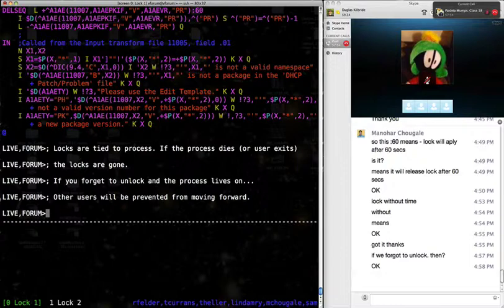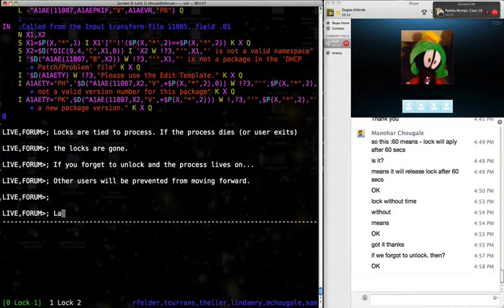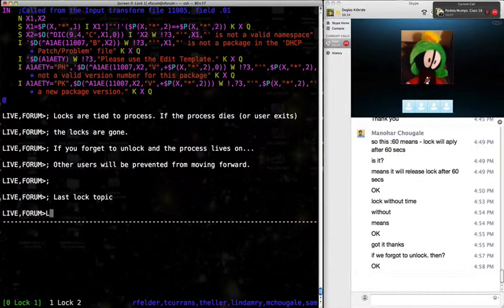Okay, let's see. The other thing I want to tell you about is, I think our last lock topic, that lock minus global or lock minus local always succeeds.